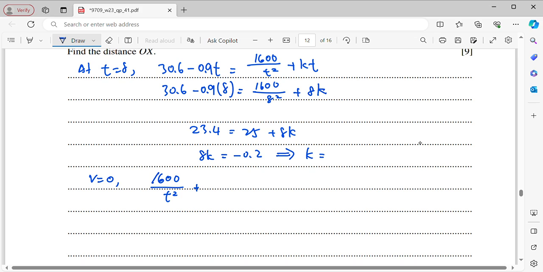The k equals, okay, mistake here. When you simplify, it is negative 0.6, wait, then your k is negative 0.2. So here plus kt, where k is negative 0.2. Then the t is unknown, and then I will get 0.